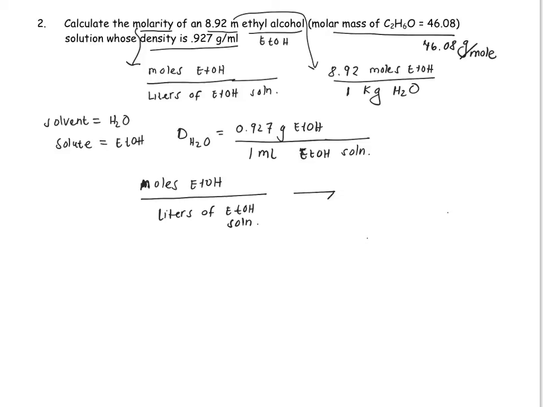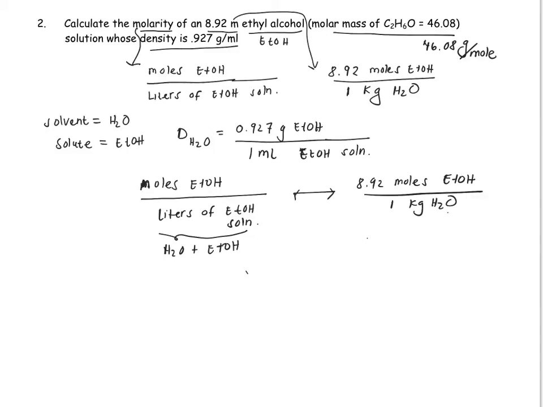And we're given our molality, which is 8.92 moles of ethanol per 1 kilogram of water. Okay, and remember that liters of solution is water plus ethanol.